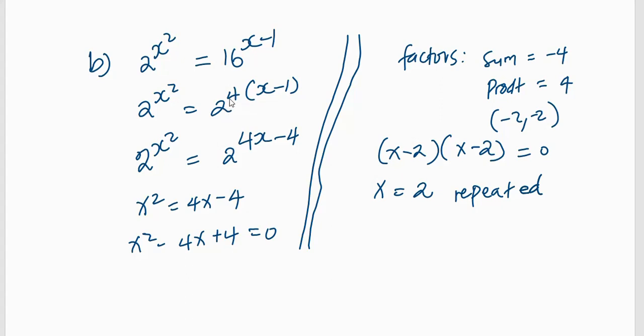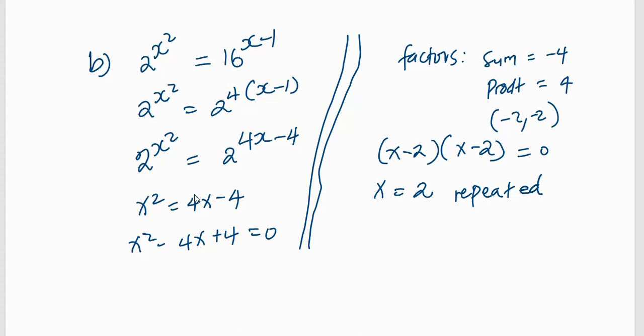So what value can I power 2 so that it comes back to 16? It is 4. So 2 to power 4, remember it has to multiply into the powers that were here. So I create a bracket x minus 1. So 2 to power x squared is equal to 2 to power 4x minus 4. It means since the bases are the same, the powers are also the same. That's the principle I'm using here.